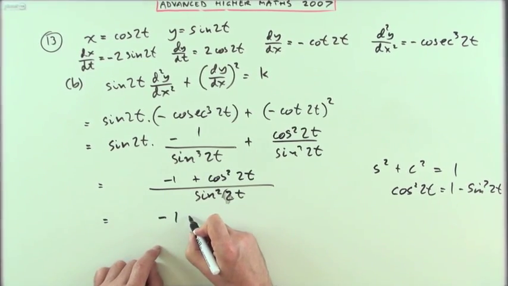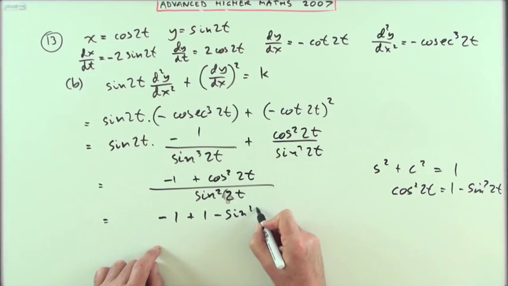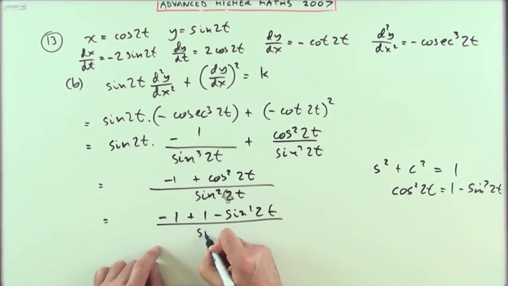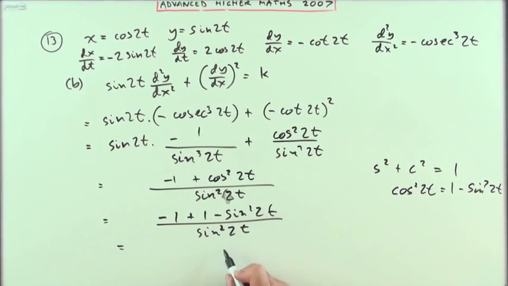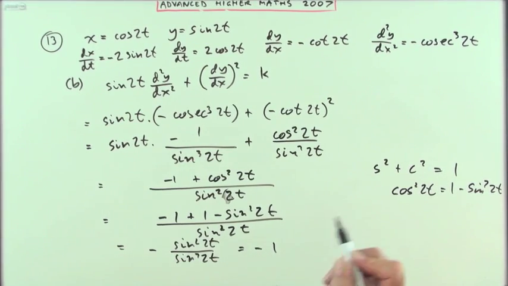So I've got negative 1 plus 1 minus sine squared 2t over sine squared 2t. That cancels down to negative sine squared, I'll write it down anyway, negative sine squared 2t over sine squared 2t, which equals negative 1, obviously, because it must give the same answer. And then the same as before, so k equals negative 1.